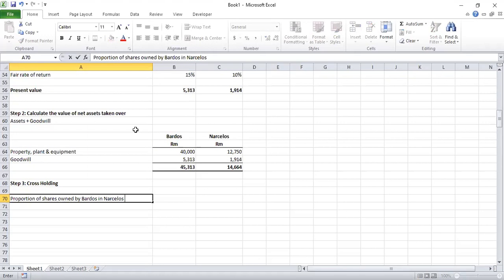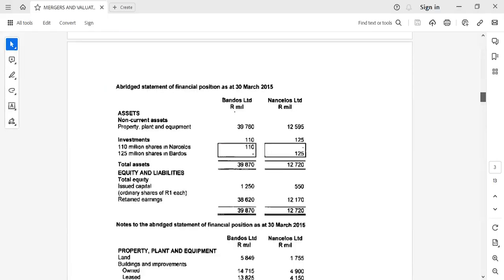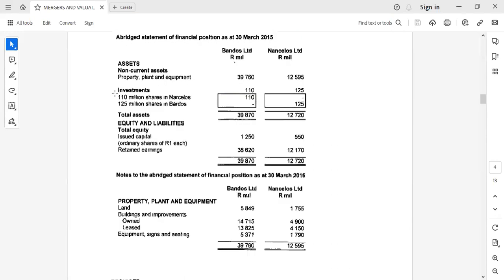Bados owns 110 million shares in Nacelos. And Nacelos has got 550 million shares. If you can see the shares, you should be very careful. They are R1 each. If they were R2 each, we're going to divide by 2. But these are R1 each. That means they are 550 million. And Bados bought 110 million.